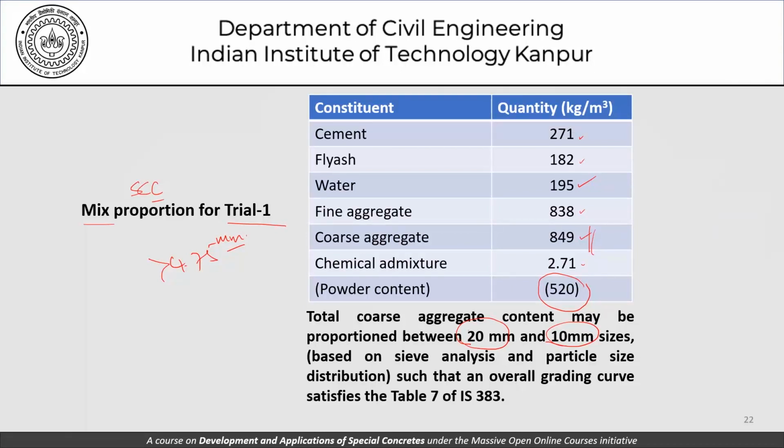that is there for these two aggregates that we get, and make sure that the overall grading curve satisfies the table 7 of IS 383. So what these tables tell you really, as far as the grading curve is concerned, is that if we have the size of aggregates here and let's say percentage finer than somewhere here, how will it look like?